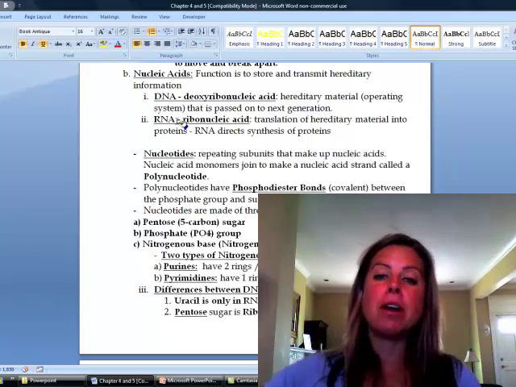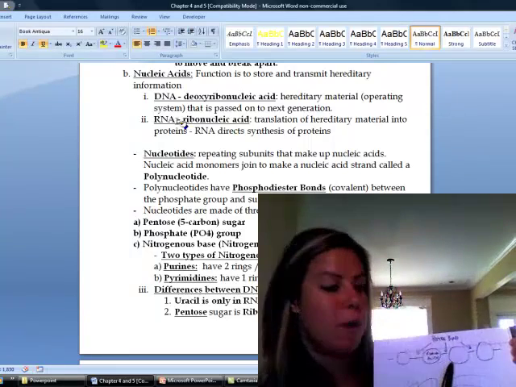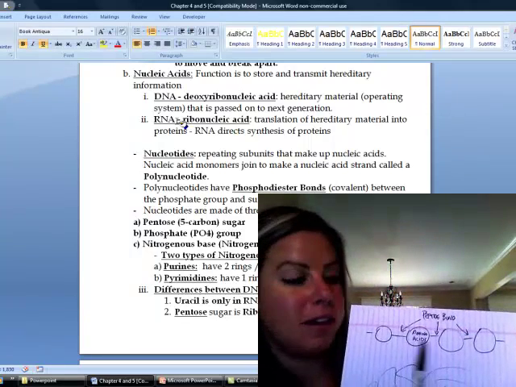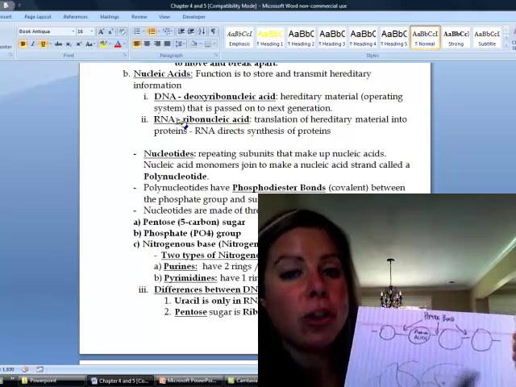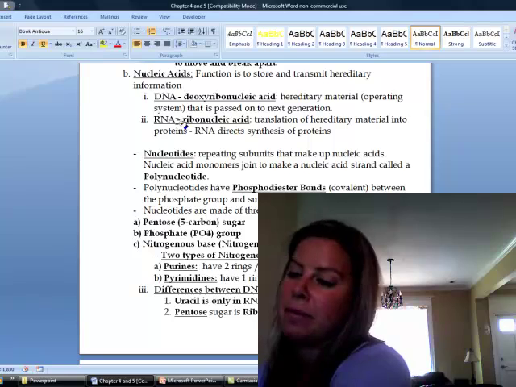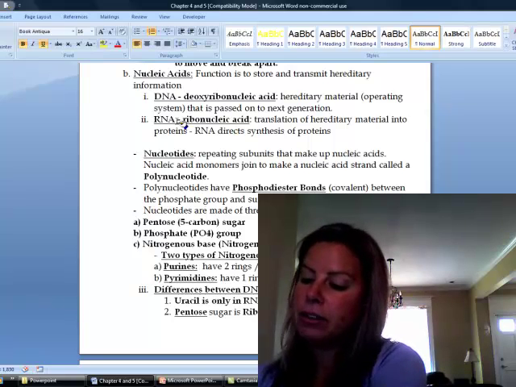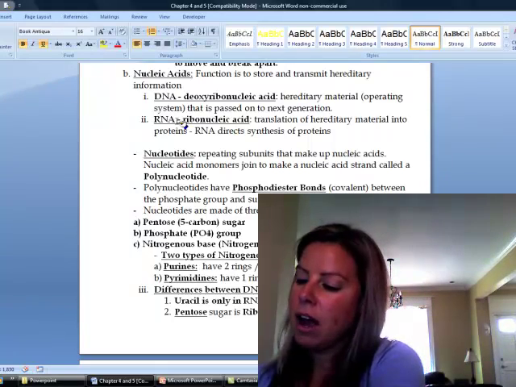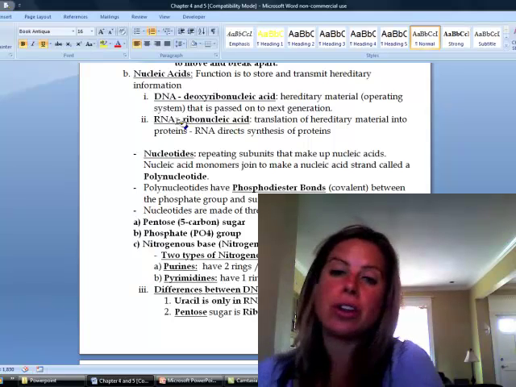Okay, so remember with our protein how we had amino acids being the building blocks. Well, for nucleic acids, it's going to have the same exact setup, except the building blocks are going to be called nucleotides.